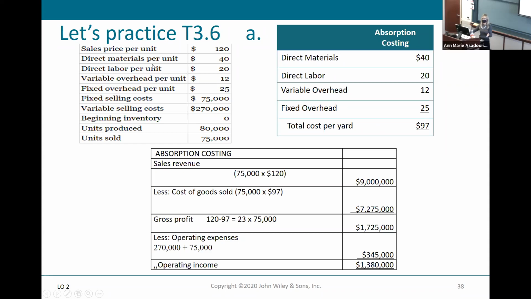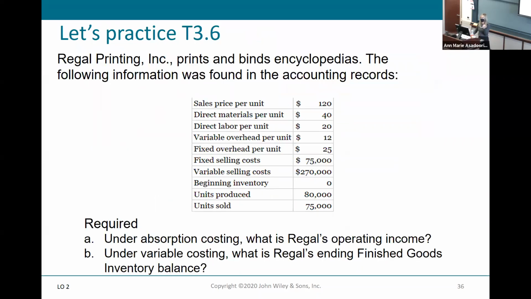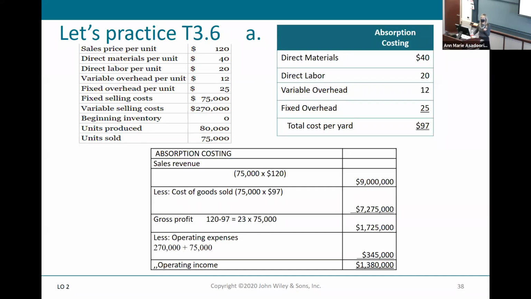Practicing these income statements will just get you to move faster, right? So you've got the net income, and now the question I'm asking you is, under variable costing, what is the ending finished goods inventory balance? So let me go here. Under variable costing, what's the ending inventory balance?